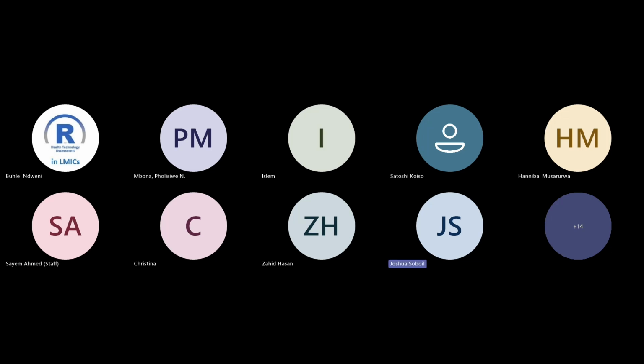Sayem, when you run the code, does it open up in your plot panel? No, it does not open in the plot panel. It opened the data set, I think. That's how it's supposed to do. Okay, perfect.